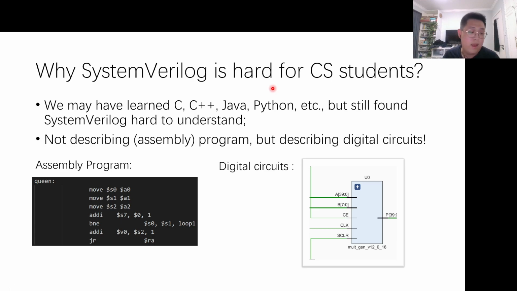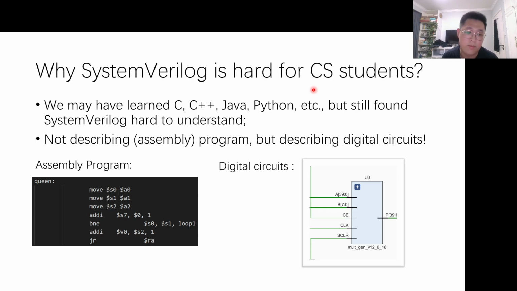So, I have talked with many of my friends learning computer science, and they have reported to me that SystemVerilog is quite hard for them to learn. Although they have successfully learned C or Python or other different languages, SystemVerilog still appears to be hard for them.